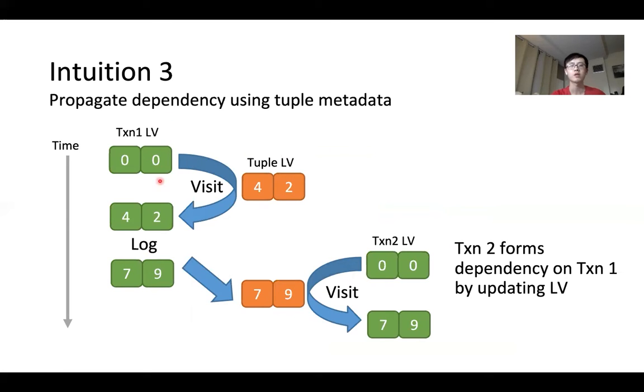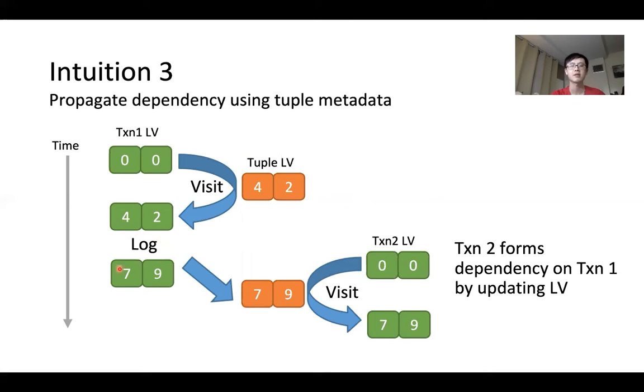For example, the first transaction, transaction 1, initially has the LSN vector 0, 0. It visits a tuple with LV 4, 2, and then updates its LV to be 4, 2. Then, after a while, it visits other tuples, and finally it logs itself to the buffer and updates.